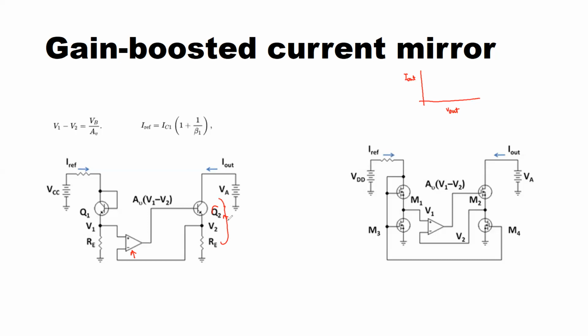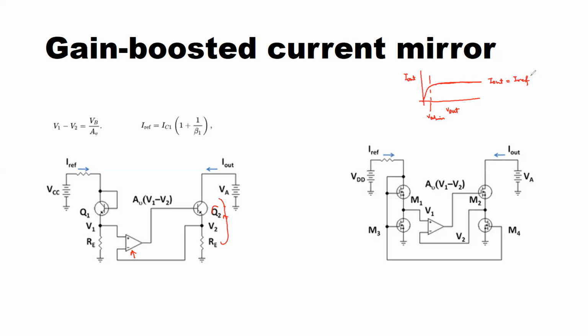We must drop that minimum voltage across Q2. So the characteristic is like this. This is V out minimum that we must maintain, and once that is done, you have this constant current that is equal to your reference current. I out is equal to I reference.